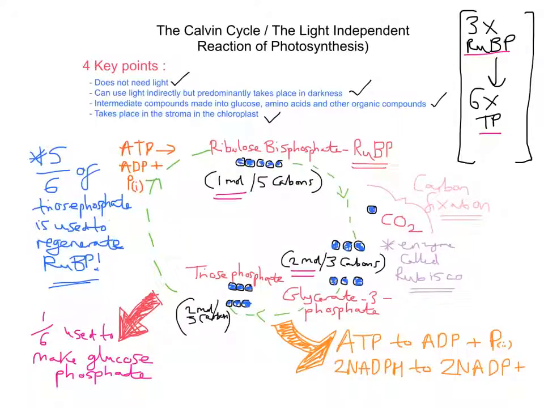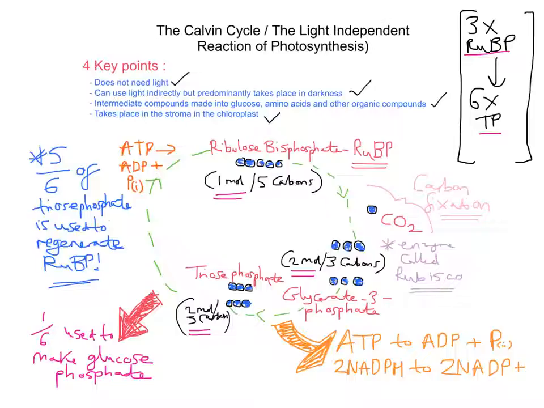Ultimately, because the 2 molecules of glycerate 3-phosphate reform 2 molecules of triose phosphate, 1 molecule of RuBP gives 2 molecules of triose phosphate, and 3 molecules of RuBP give 6 molecules of triose phosphate.